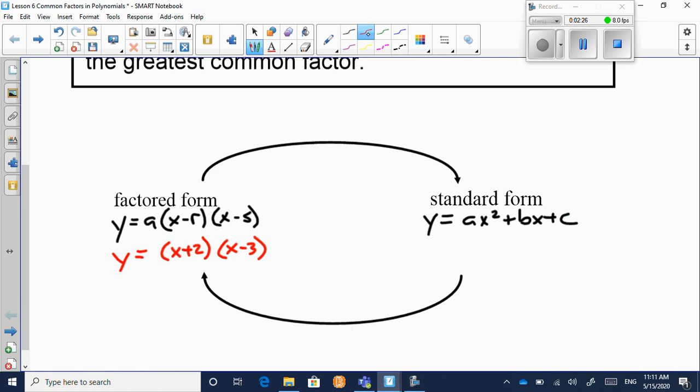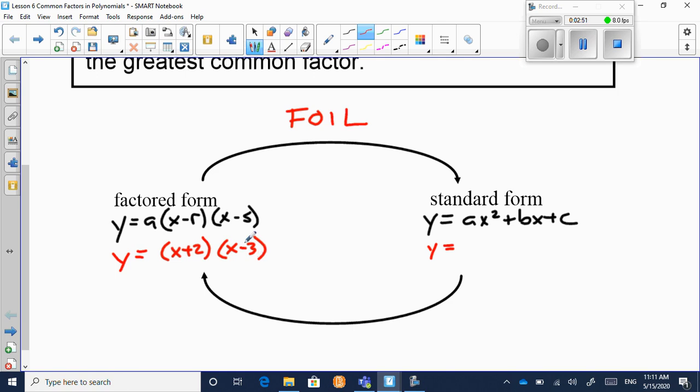In order to go from factored form to standard form, we use something called FOIL. You guys have learned FOIL. It's first, outer, inner, last. So with this one, I would do x times x, and then you'd get x squared, and then x times negative 3.